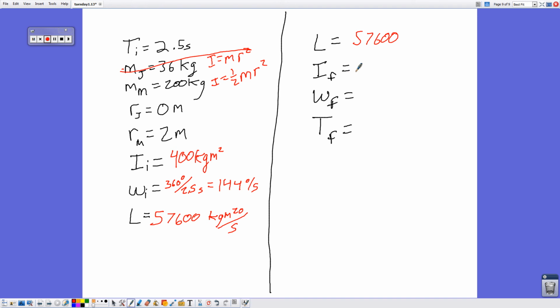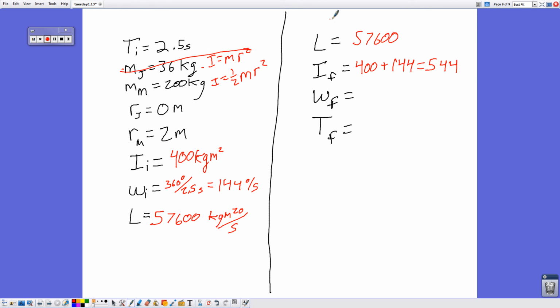New moment of inertia, well, it's still going to be 400, except now it's going to be 400 plus an additional 36 times 2 squared. 2 squared is 4, so 36 times 4, which is 144. It gives me 544. Okay.